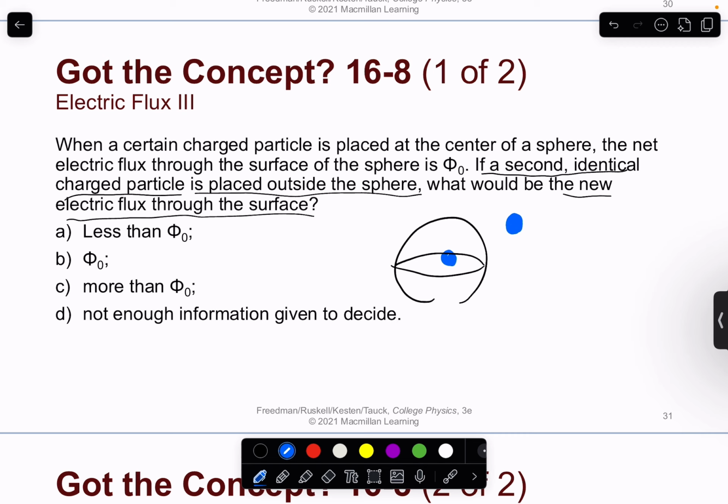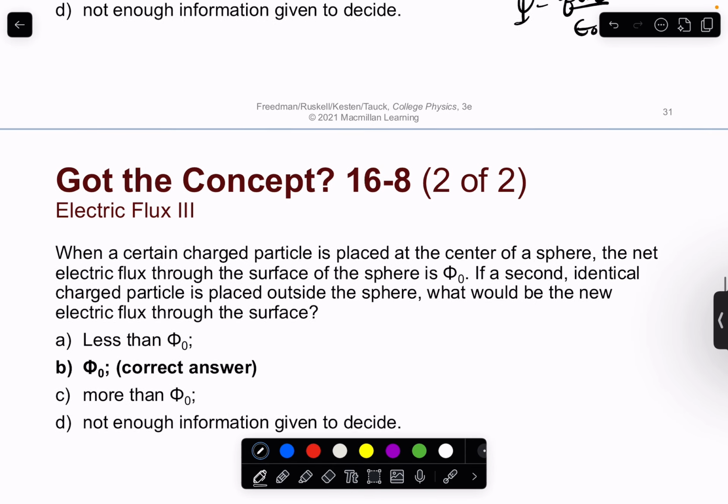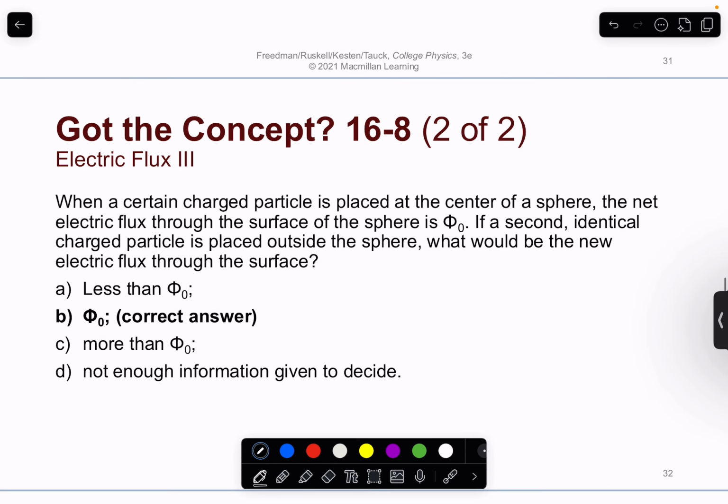Well, Gauss's law tells us that the flux is equal to Q enclosed over epsilon naught. It's not enclosed, right? So our flux is still going to be the original value of Q over epsilon naught. Okay, so placing charges outside the surface does not change the flux through the surface.